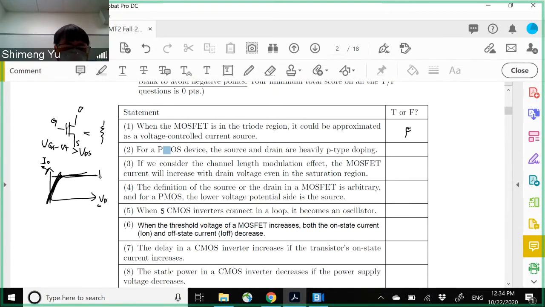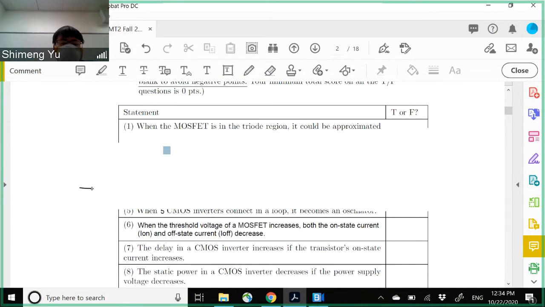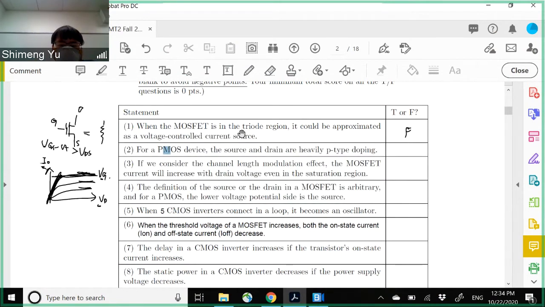That should be the VG, because as you change the VG, you are going to have different curves. So the gate voltage will control this current level in the saturation. So in the saturation region, it could be approximated as a voltage-controlled current source. So this is false.